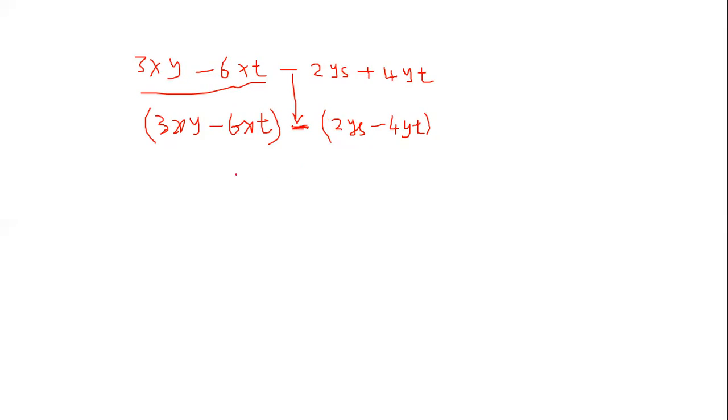Okay, now let's look at the first group, which both has the common 3 and both has an x. So 3x is in common. If you take out the 3x, the first term has y left, and for 6xt, taking out the 3x, 6 divided by 3 is 2, so it's 2t.